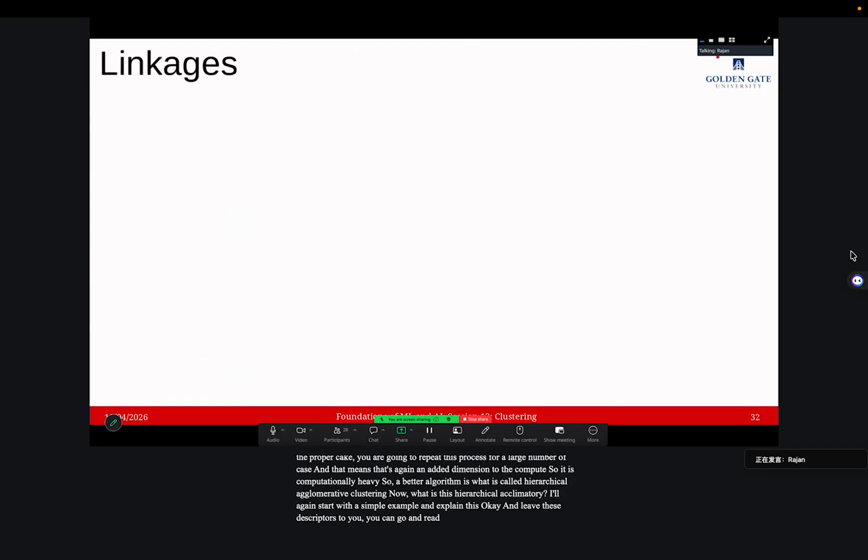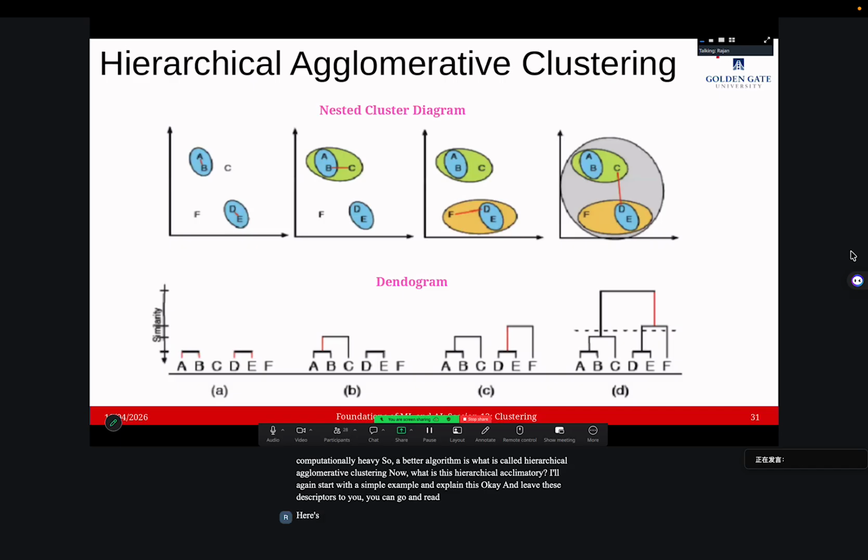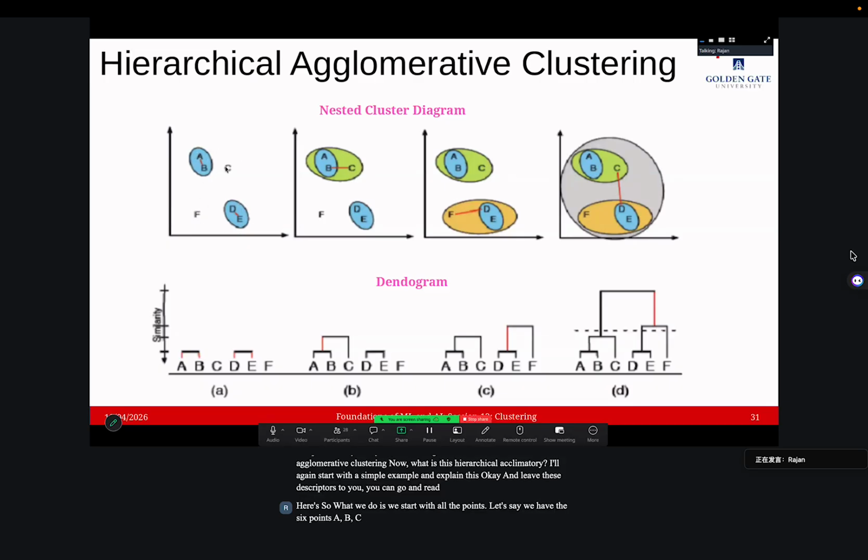So what we do is we start with all the points. Let's say we have the 6 points A, B, C, D, E, F. Now what we do is we find pairs of points that can become clusters.